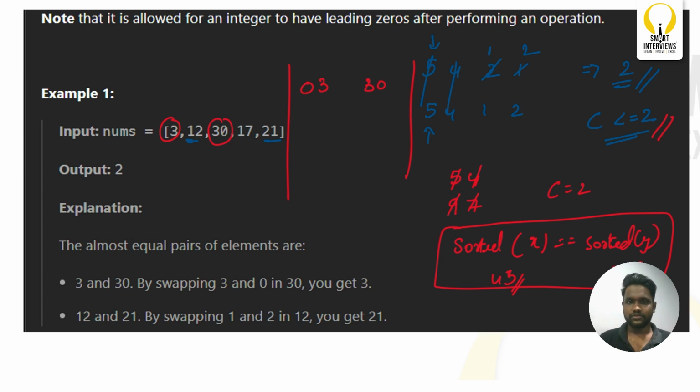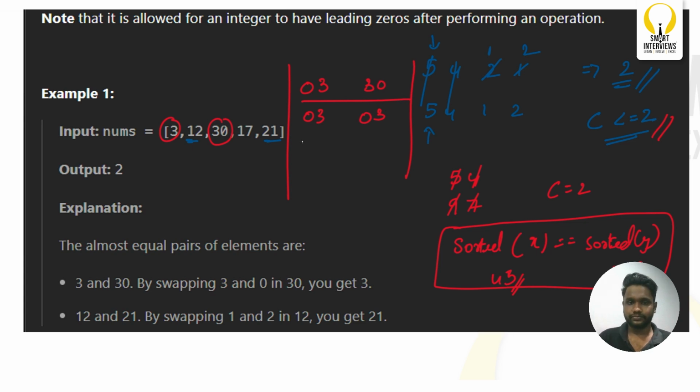So when we sort, these things will be 0303 anyway.